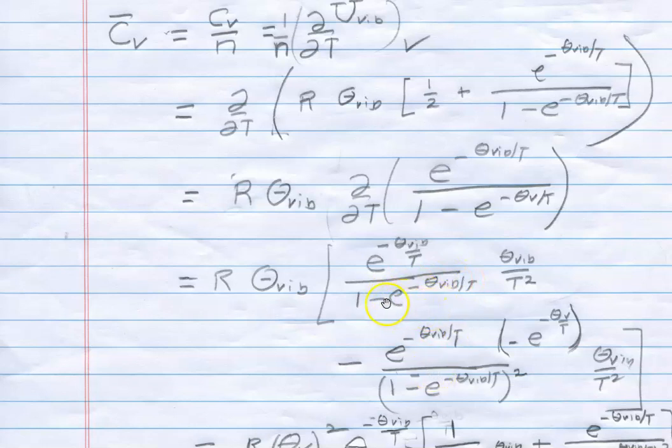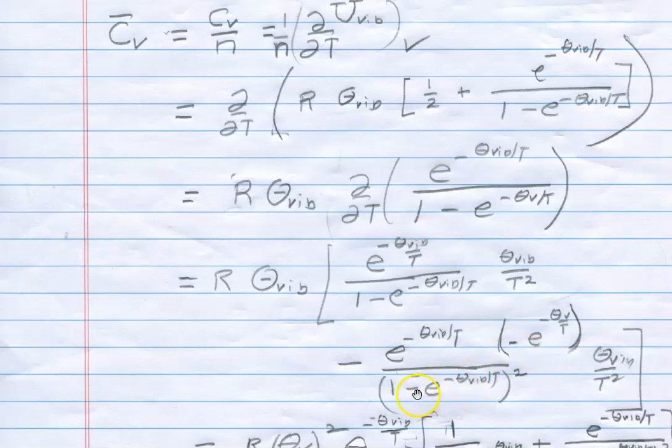And that is not too bad. It's to the minus 1, and so I pick up a minus sign here and then lower the exponent by 1, so I get 2. And then I have to take the derivative of everything that's inside here. The derivative of 1 with respect to T is just 0. And so I get this partial derivative here of this.